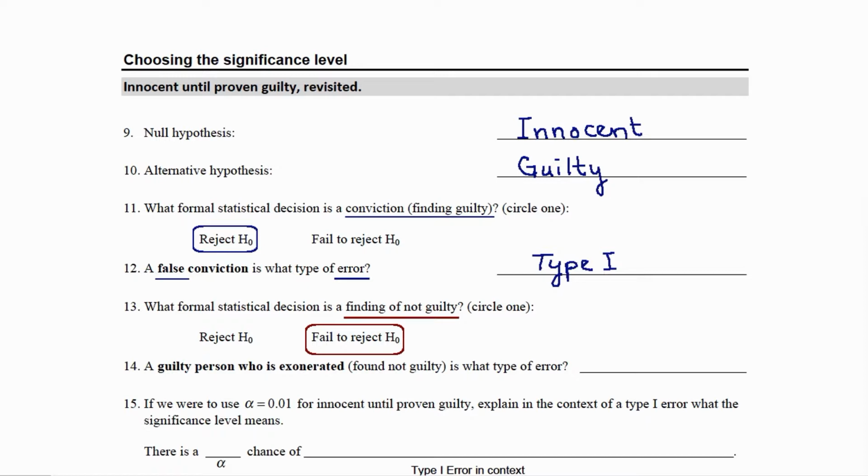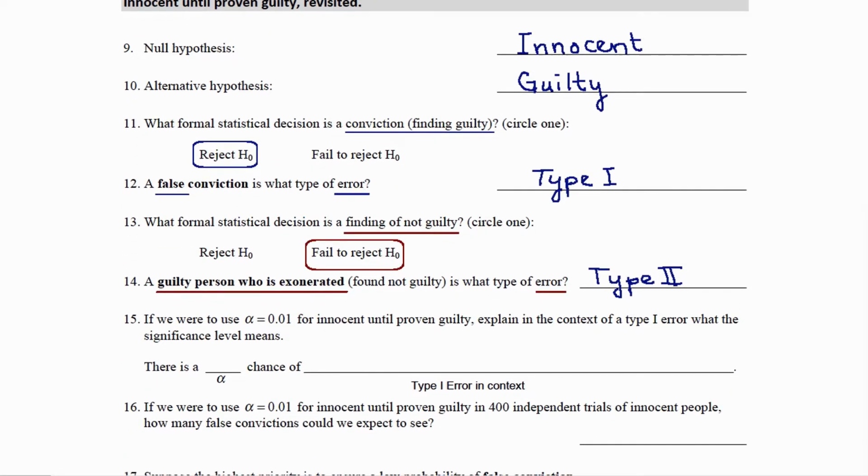If the person is guilty but exonerated, that is an error. Since it's an error that comes from failing to reject the null hypothesis, it has to be an error of type 2. Just looking back at the table that's at the very beginning of the notes for this section, it's the only type of error you can possibly get from failure to reject the null hypothesis.